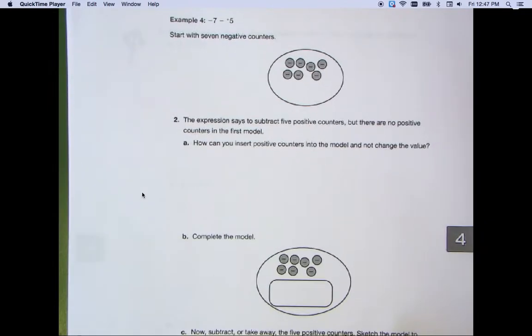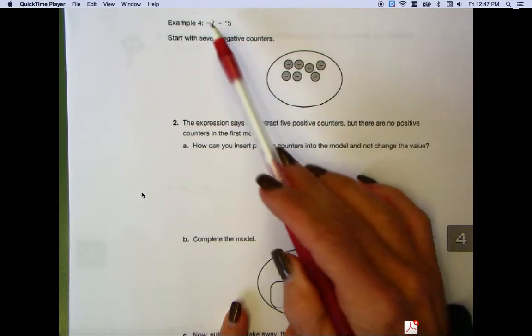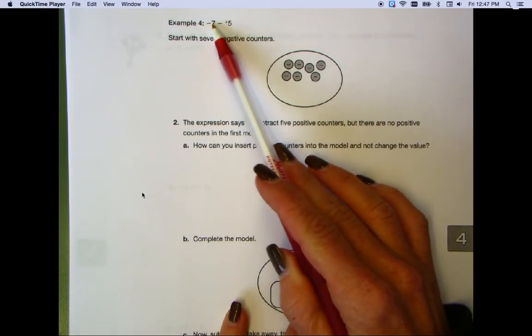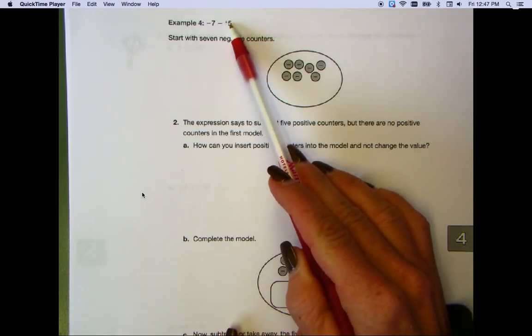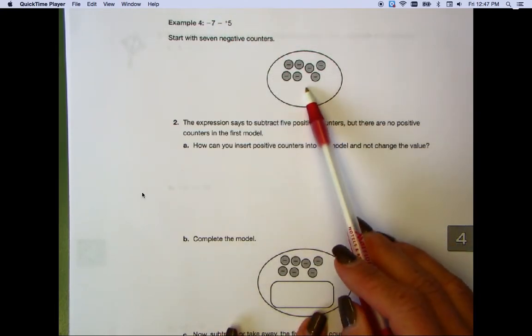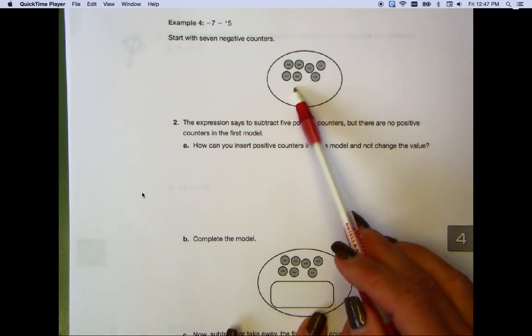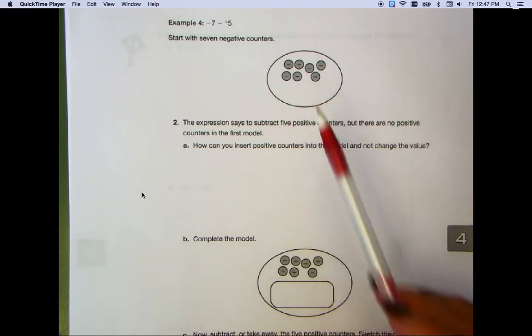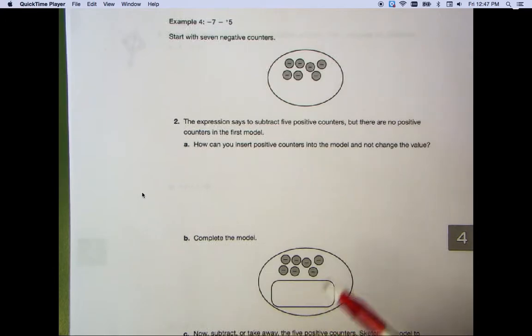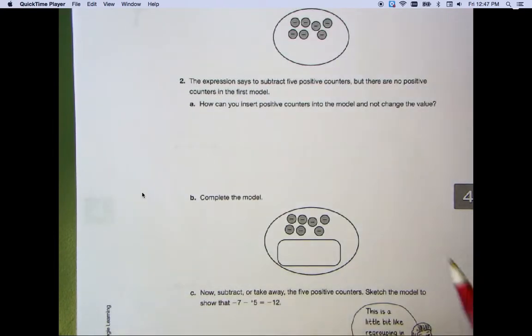Here's my next example. I'm starting with 7 negatives. I want to take off 5 positives. I can't. I don't see 5 positives here. So I can add zero pairs without changing the value.